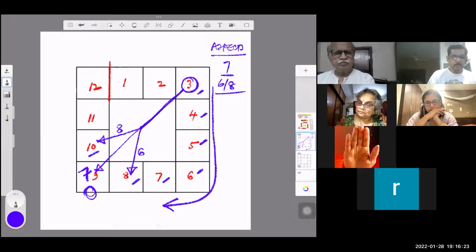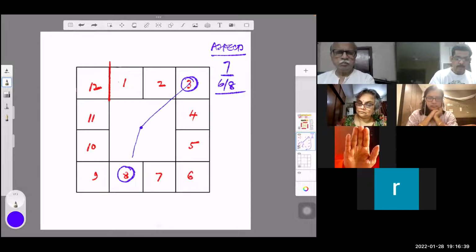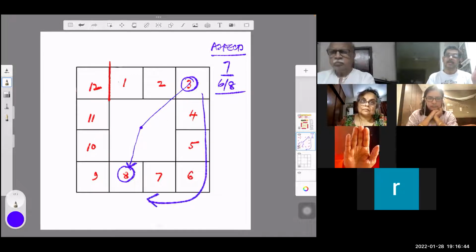So whenever you have to see, this is how you have to train your eyes. If there is a planet here and there is a planet here, your eyes should track this as a 7th aspect. But when you go here, the vision should go here. Since we are going in the anti-clockwise direction, it comes before the 7th, so it will be the 6th aspect. These three, this trine, is the 6, 7, 8.